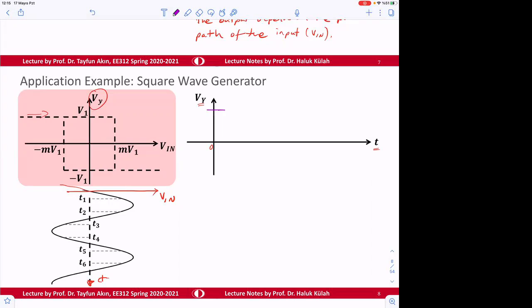Okay, until when? Until this point. So assuming that this is correct, slightly shifted, but maybe this point, okay? So until that point, which is T1. Until T1.